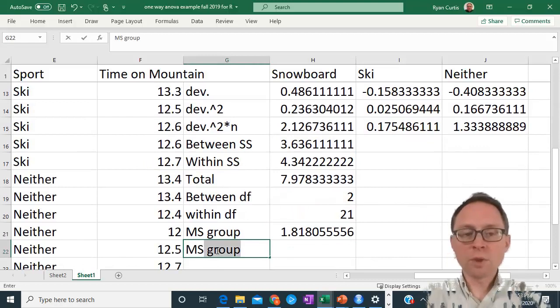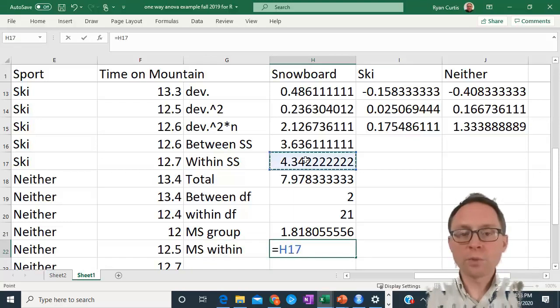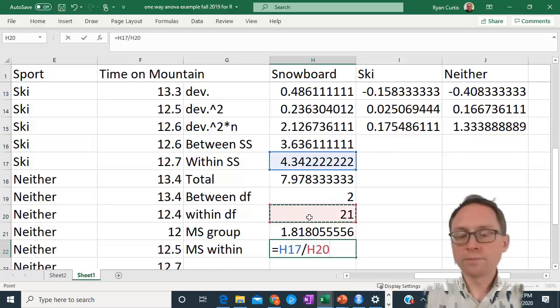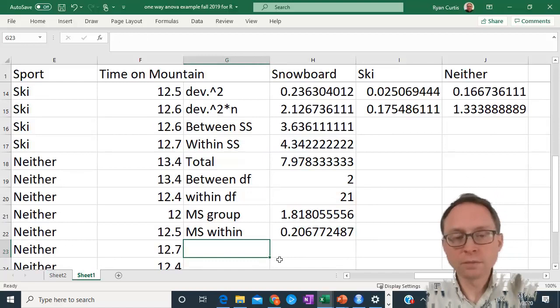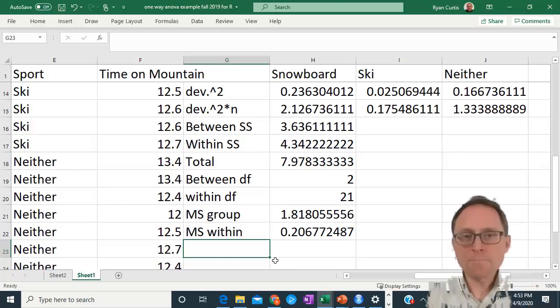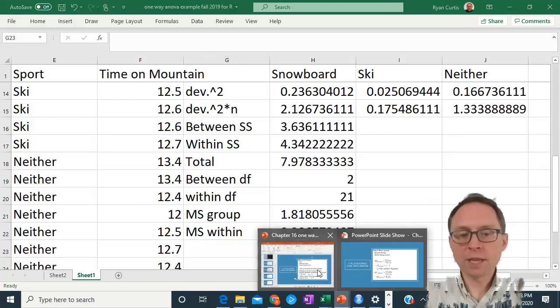The mean squares for within is the within group sum of squares divided by the within degrees of freedom. That's 0.20677. Got it? That's how we calculate the mean squares. Back to the slides.